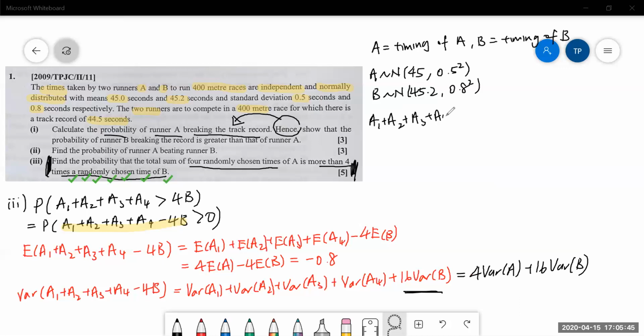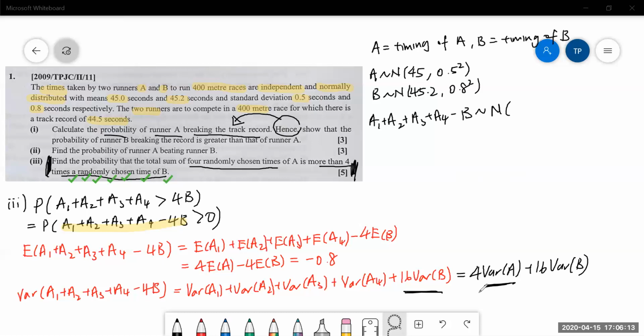You must square root. Must I take the square root for variance? Like instead of 0.5 squared, it's just 0.5. What is variance?